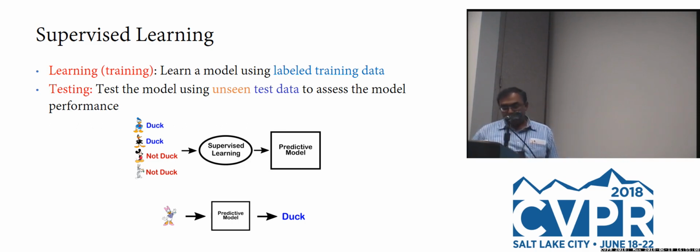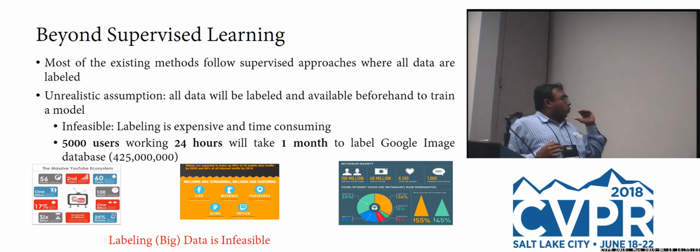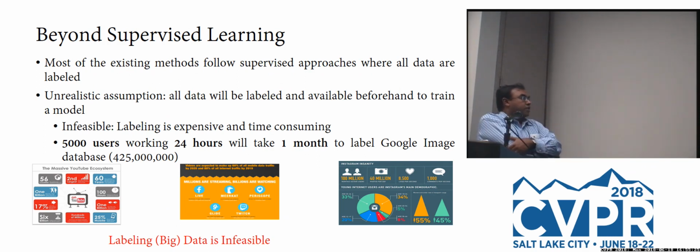All of you, I assume, are familiar with the basic idea of supervised learning. So I have a system that is trained to recognize what a duck looks like, and then given a test image, it should be able to recognize what it is. What does going beyond supervised learning mean?